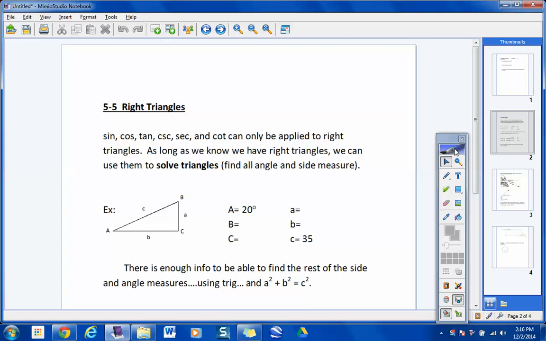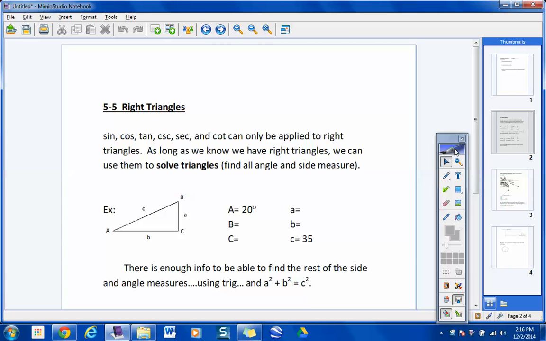Section 5.5 is going to talk an awful lot about right triangles. Just keep in mind, we're always talking about triangles where one of the angles is going to be 90 degrees all the time. So a couple things to keep in mind. If I'm dealing with a right triangle, don't forget about your formula, a squared plus b squared equals c squared.